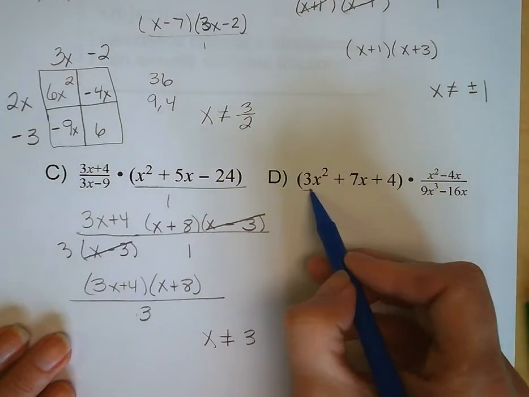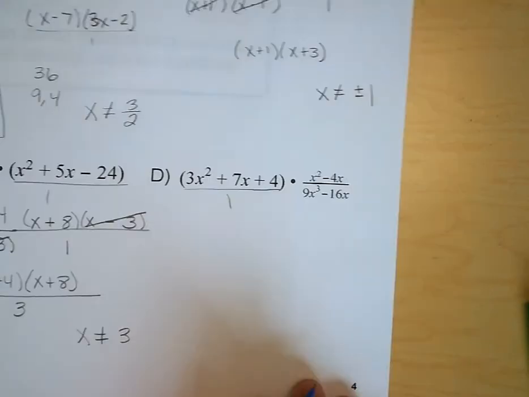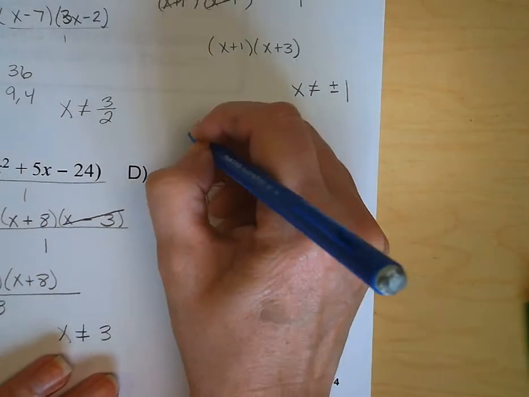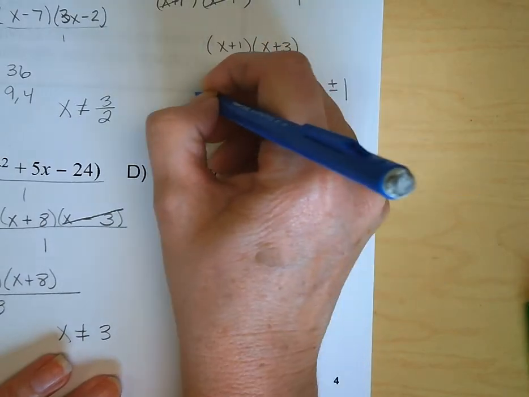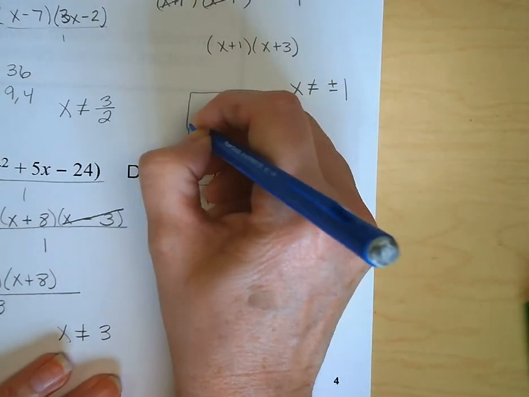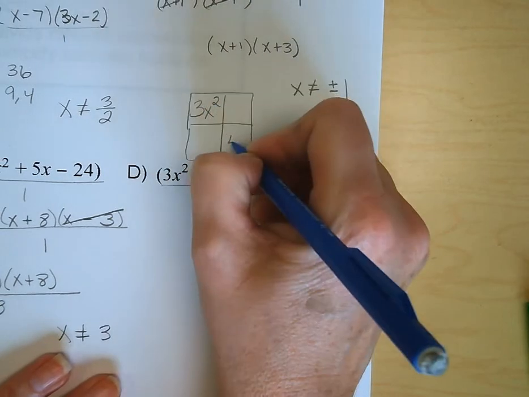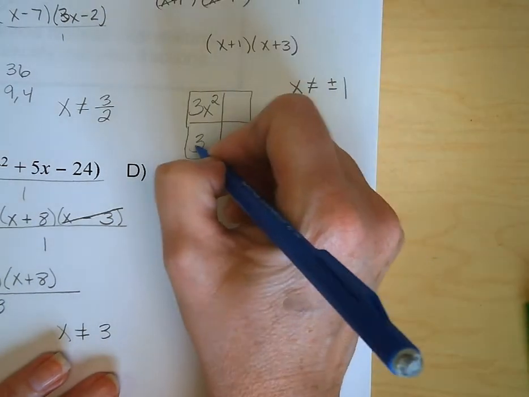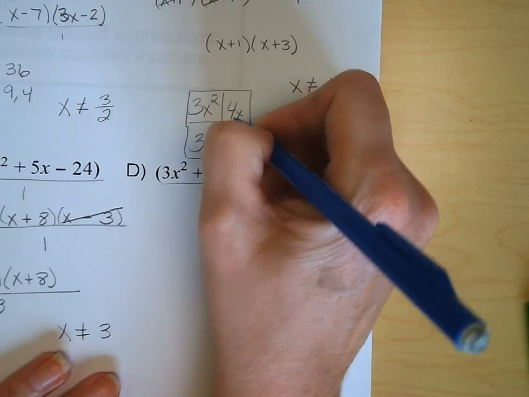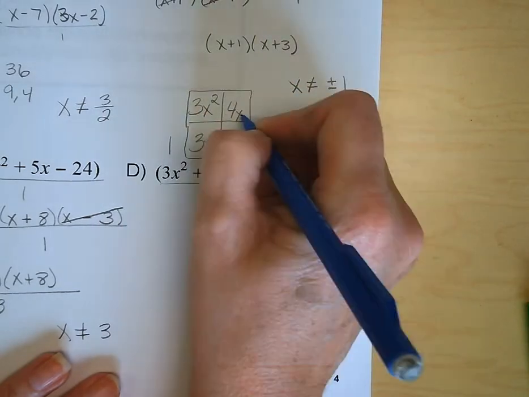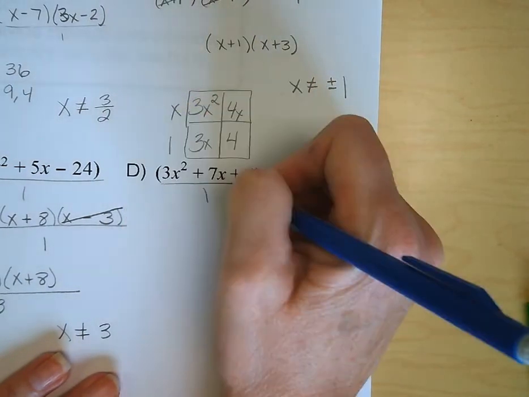All right, letter D. We've got 3x squared plus 7x plus 4. We're going to do our box method yet again. We're looking for factors of 12 that add up to 7. So that's going to be 3 and 4. So we can bring out a 1. We can bring out an x.